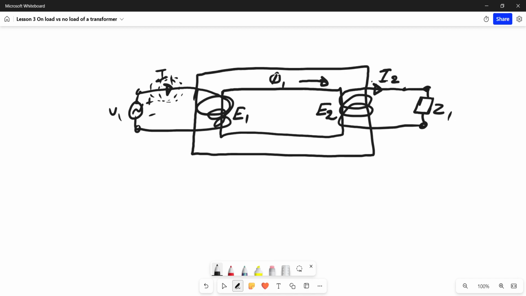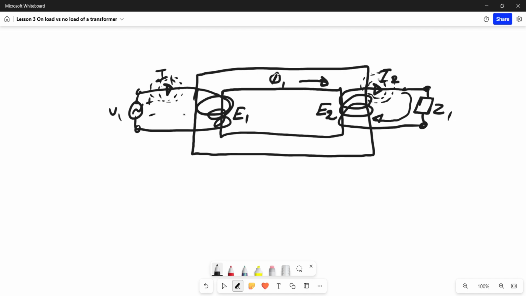Remember, the principle is obeyed even on the secondary side. I2 also has a field around it, so I2 will flow through the loop, and then it will flow through the number of turns in the secondary.